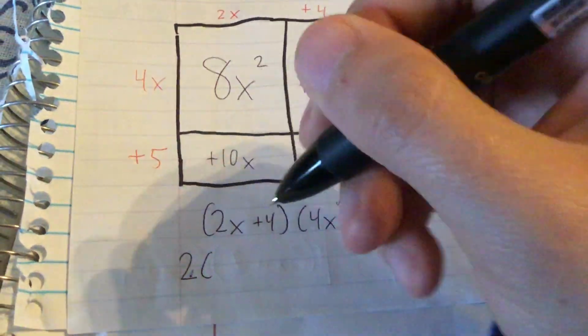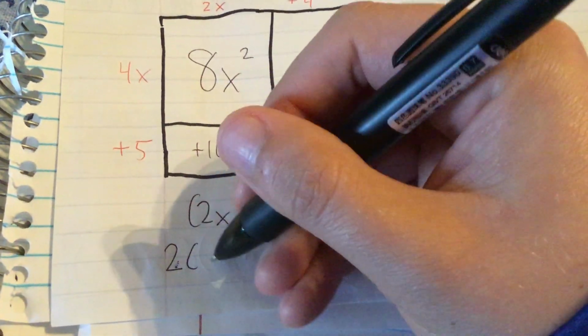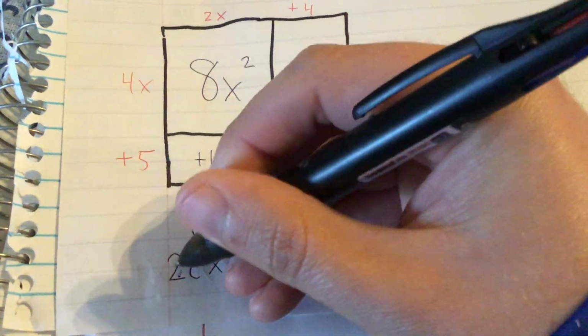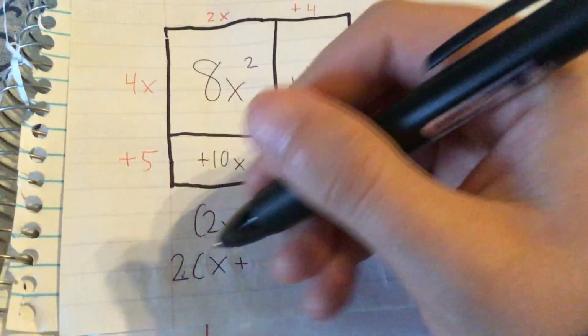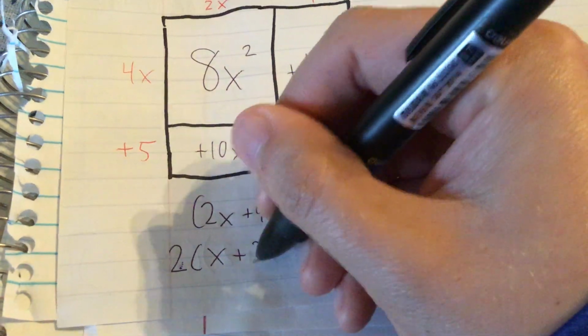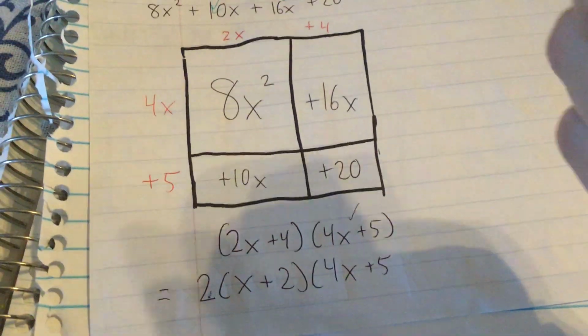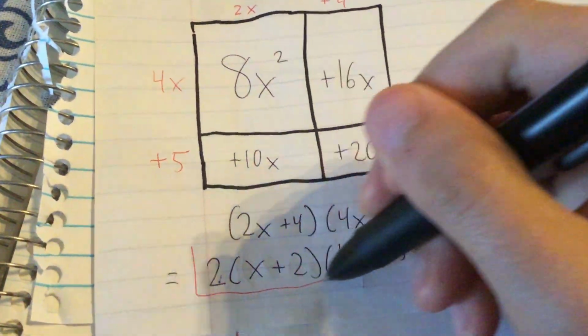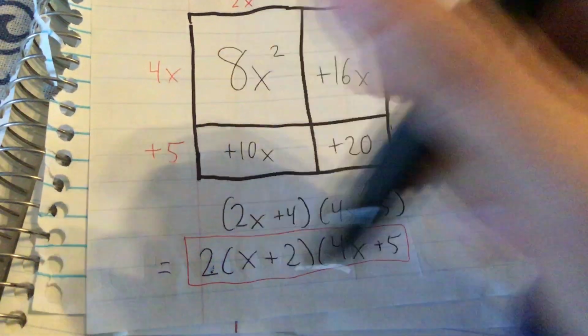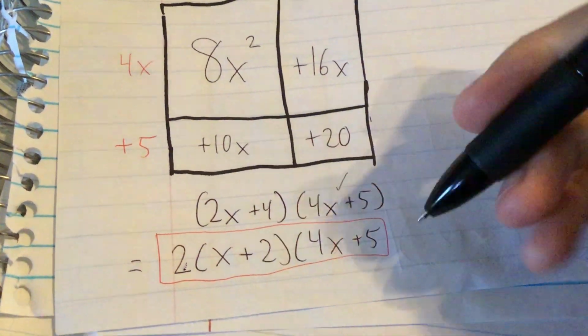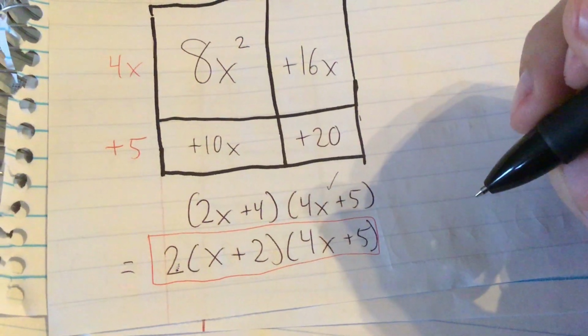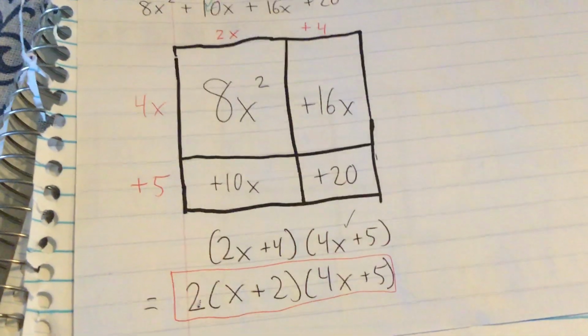I can factor out a 2, leaving me with 2 times x plus 2. So technically, this whole thing factored out would be 2 times x plus 2 times 4x plus 5. That is how you would factor completely.